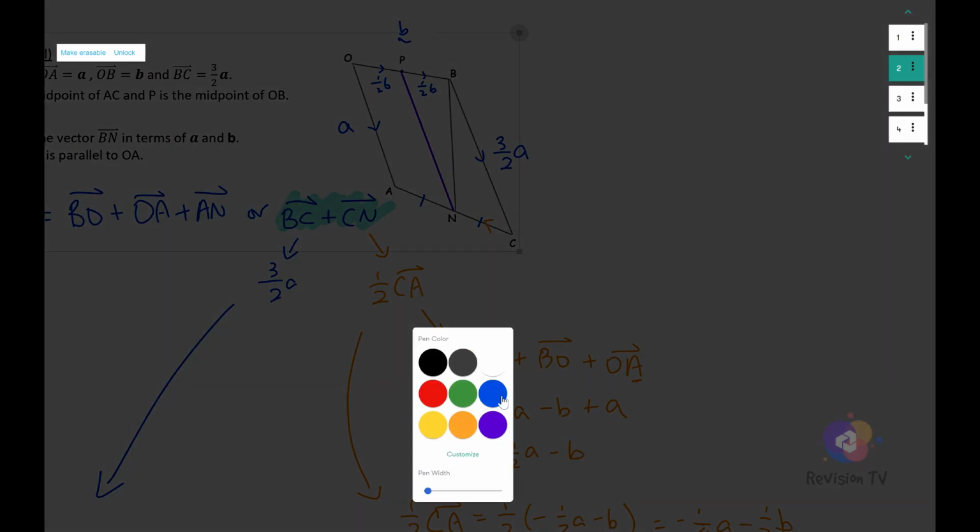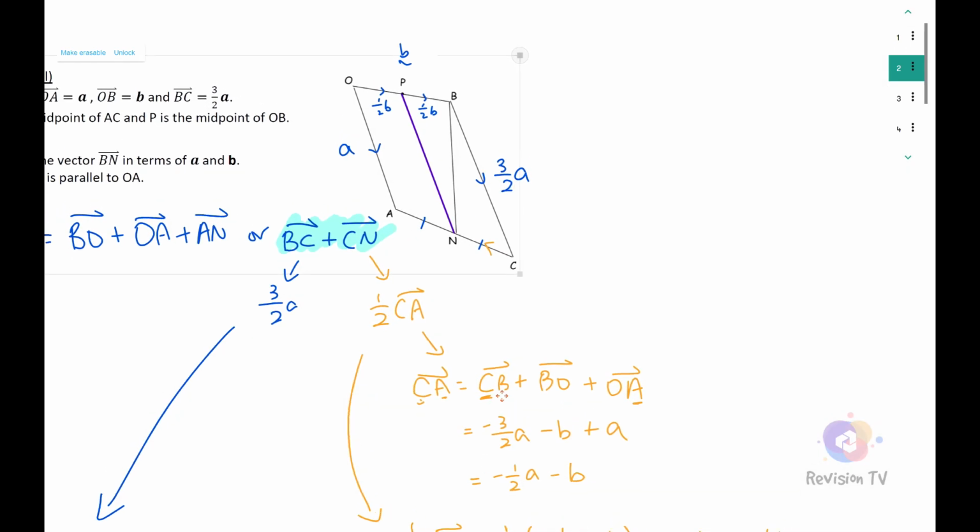Okay, so question B. Let me do B in here. If PN is parallel to OA, then PN should be a multiple of A. Now some of you might be thinking, what does that line underneath mean? The line underneath means a vector.